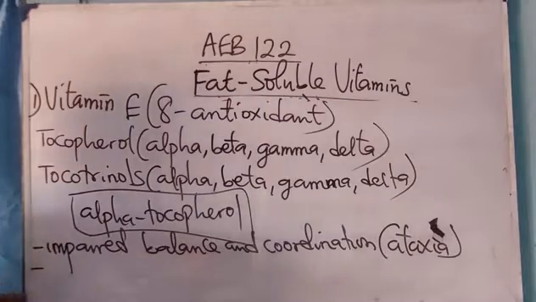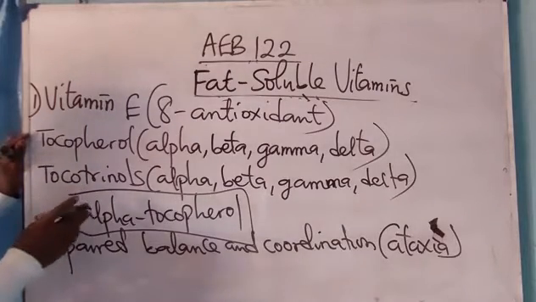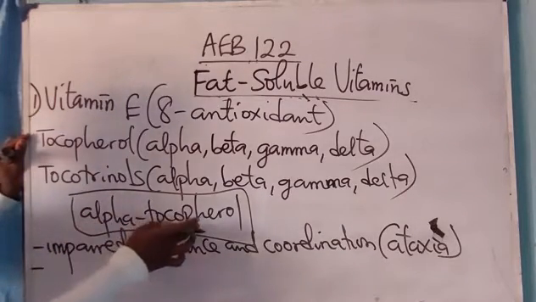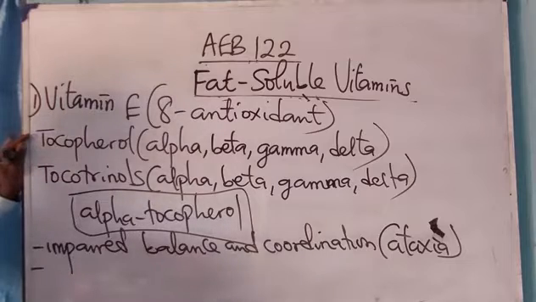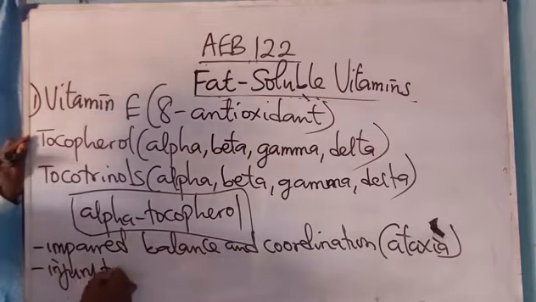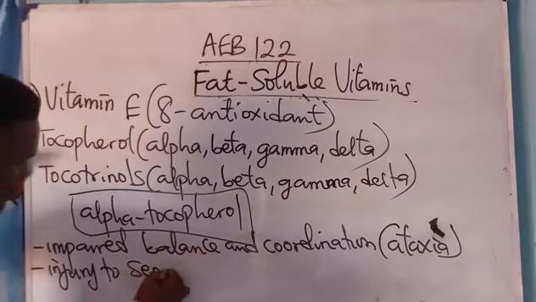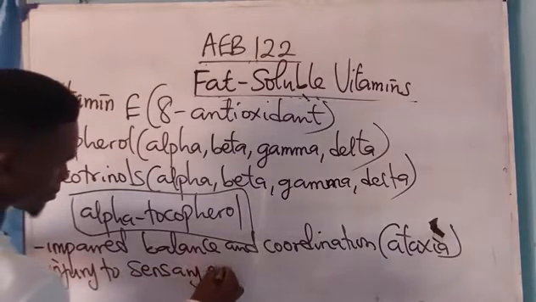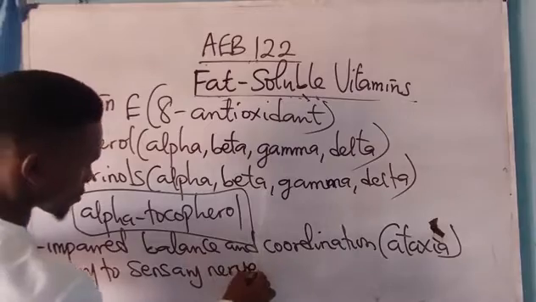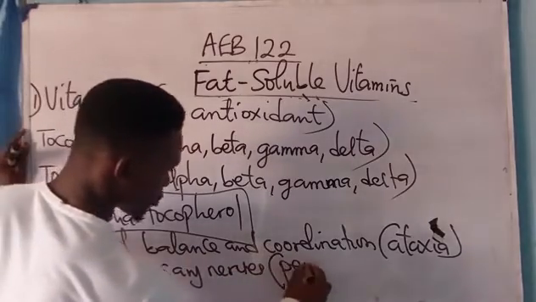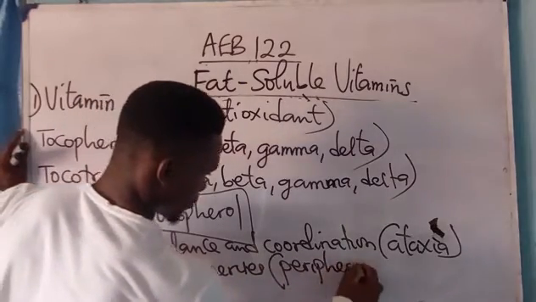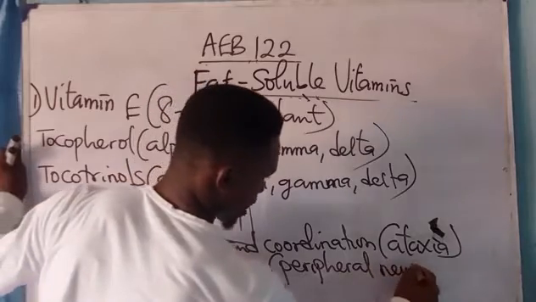Lack of vitamin E, which is the alpha tocopherol, can also result in injury to the sensory nerves, and you call this peripheral neuropathy.